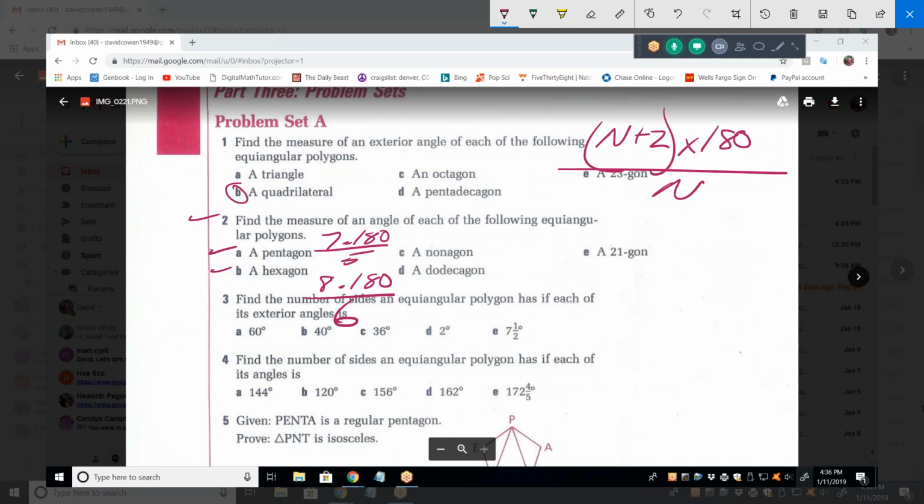Third one is going to be 11 times 180 divided by 9. So forth and so on. The number of sides is this number right there, and the numerator is always that number plus 2.